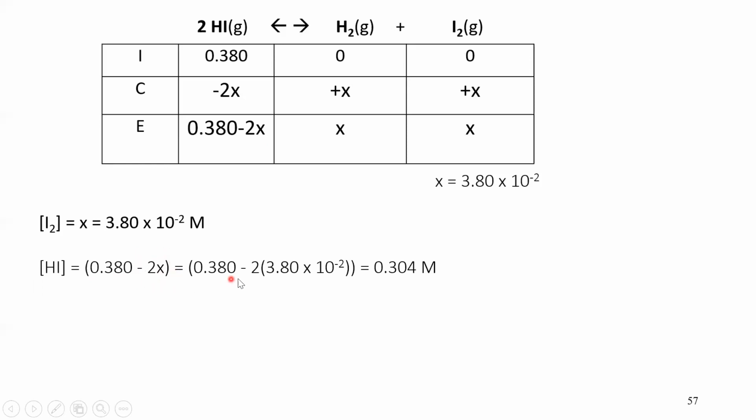So 0.380 minus 2 times 3.80 times 10 to the minus 2. That means at equilibrium, HI is 0.304. And hydrogen is the same as iodine. So now that we have the equilibrium values, write a K expression, plug in the numbers, watch your order of operations, and solve for K.